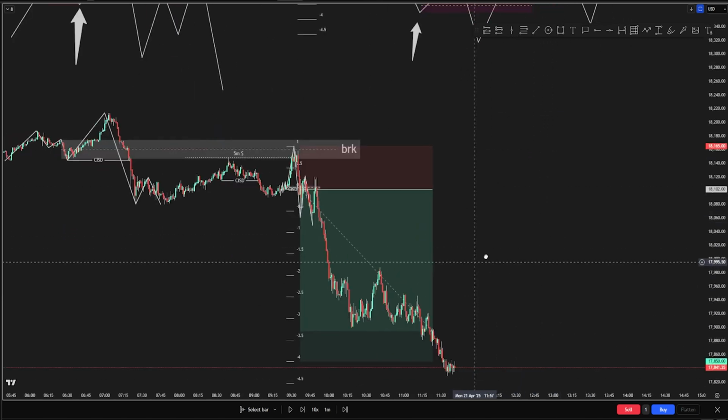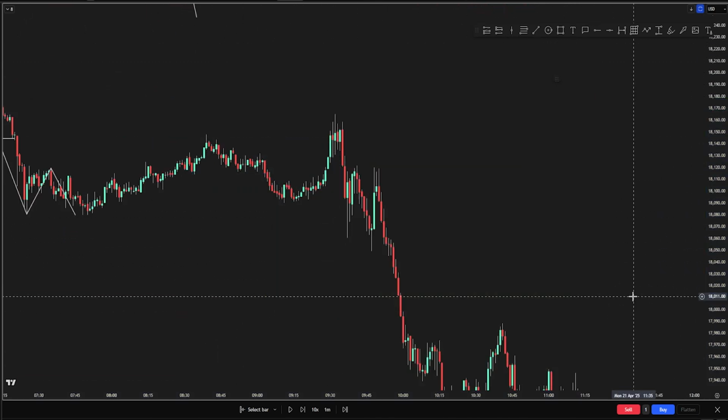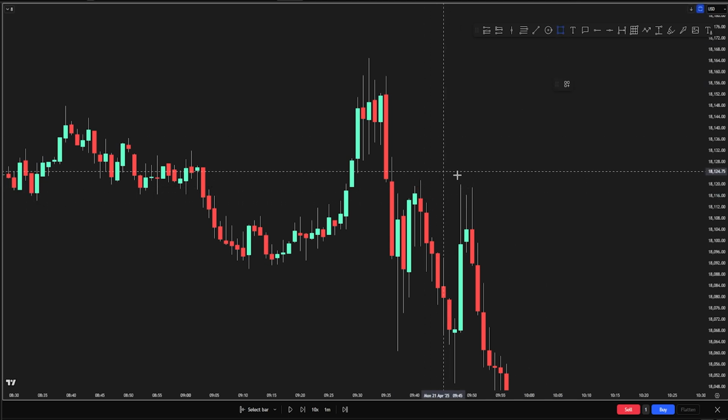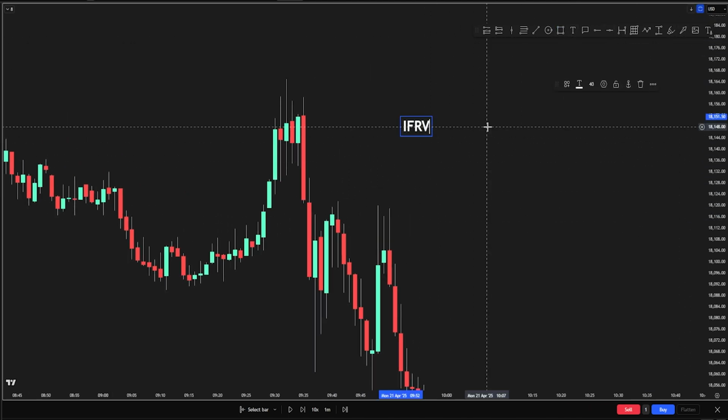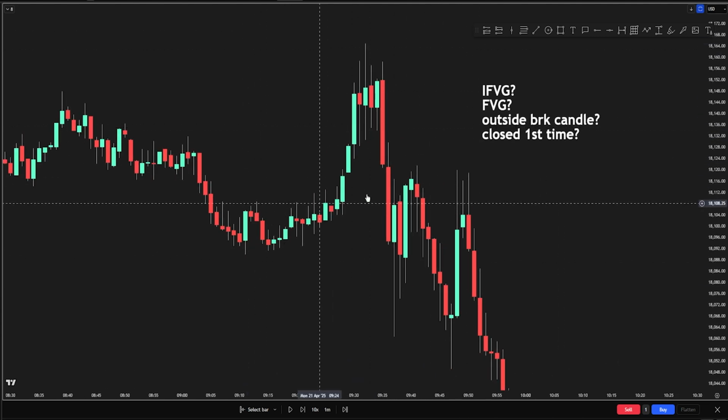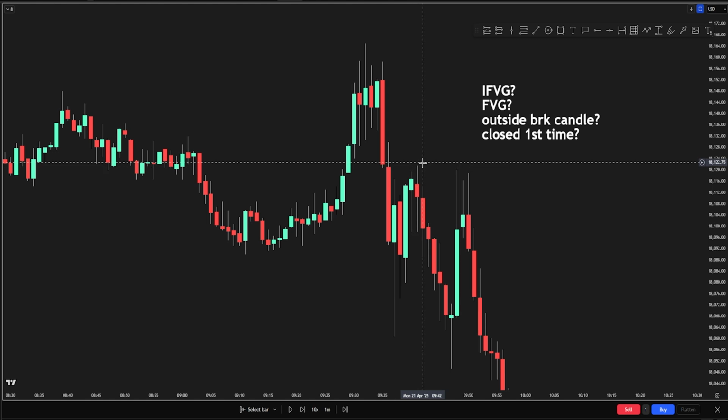Now, how do we grade that? Let's break it down using the same breaker that we have here. The grading system asks: does it have an IFEG? That's number one. So: IFEG, FEG, outside breaker candle, close first time. In this one, do we have an IFEG?